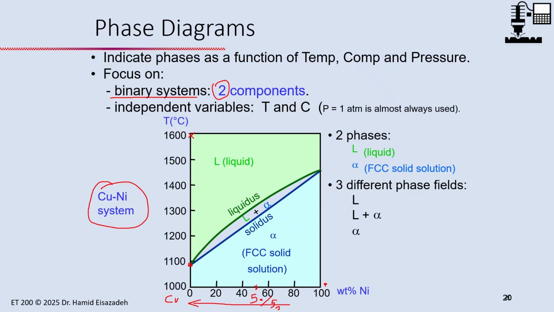At this point, once we have 100% copper, the melting temperature of that material is exactly the same as the melting temperature of pure copper, right? The same thing is valid for nickel. This is the melting temperature of the nickel. After that temperature, we have liquid. So above this temperature, we have liquid copper, but below it is solid.